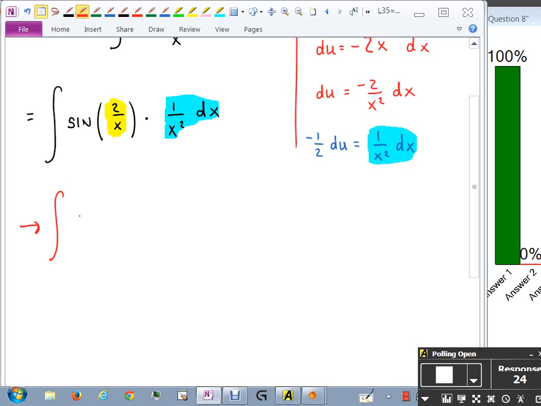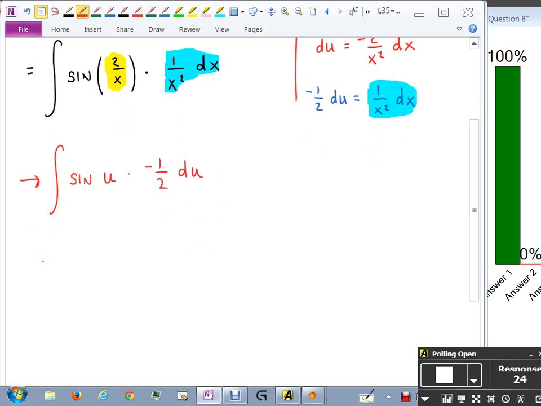Integral, what? Sine u times negative half du, and I pull the negative half out. What is the antiderivative of sine of u? Negative cosine of u.